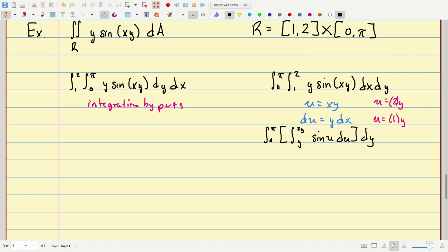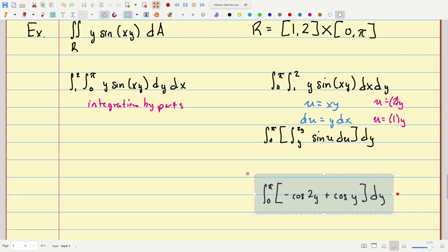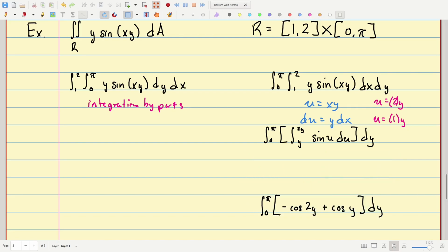Now we have the integral from 0 to pi of negative cosine 2y plus cosine y dy. The antiderivative of sine is negative cosine, and then we plug in the value of 2y, and then it's minus the other one, so we get two minus signs, which is why it's plus. I guess I technically skipped a step. People are like, oh no, he just plugged it in.